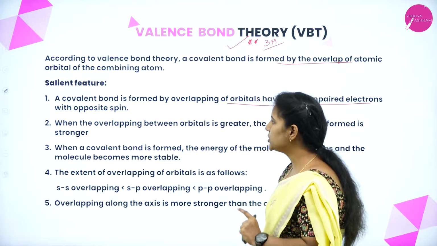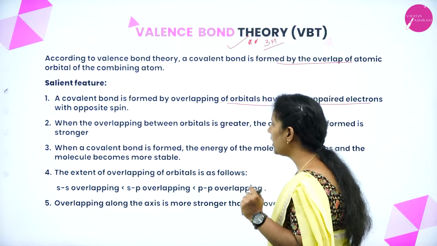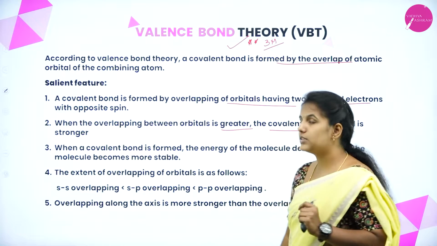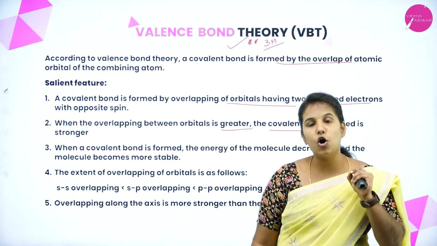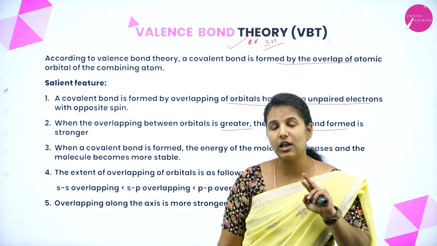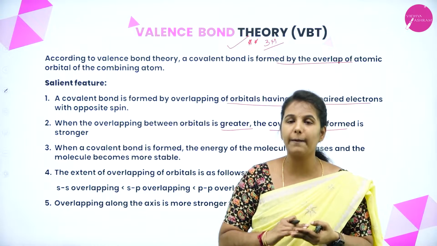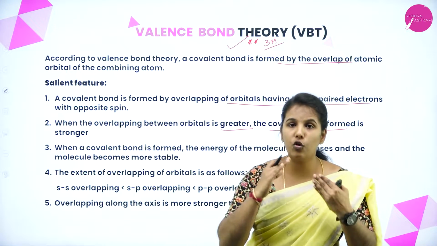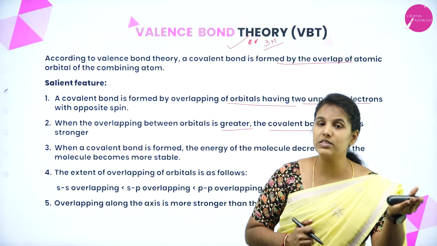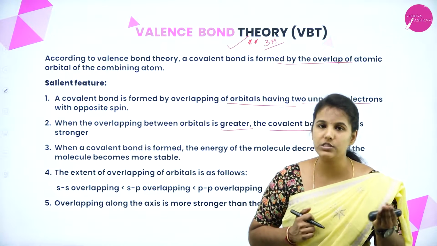And the second postulate tells us that when overlapping between the orbitals is greater, the covalent bond which is formed is always stronger. If two electrons are present with opposite spin, their overlapping will be effective. If overlapping is more effective or greater, obviously the bond which is formed will be stronger.